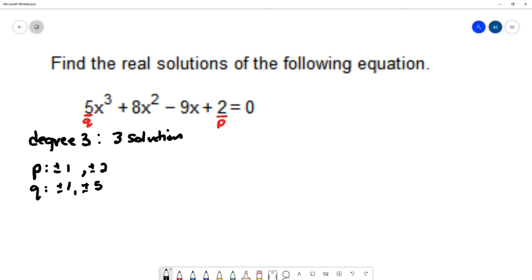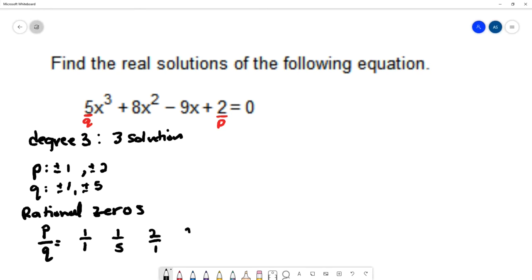And using the rational root test, our rational zeros must be of the form p over q. So I can take all the combinations of p over q to form these possible rational zeros. So that's going to be 1 over 1, 1 over 5, 2 over 1, and 2 over 5.